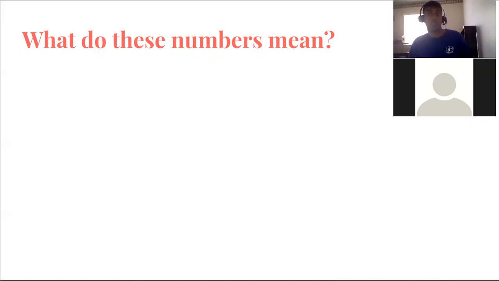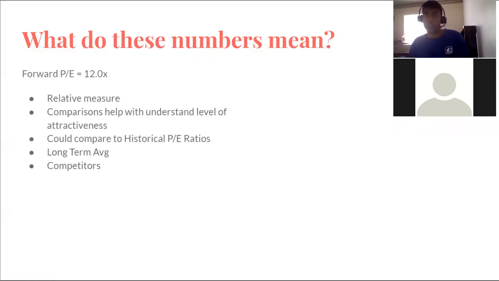We could, for example, compare the forward PE ratio to YIT's historical ratios to see how it's changed over time, to see whether investors are valuing the company higher or lower than normal. We could also compare it to the long-term average of those historicals or to its competitors as well.